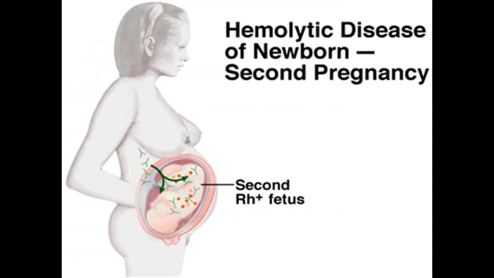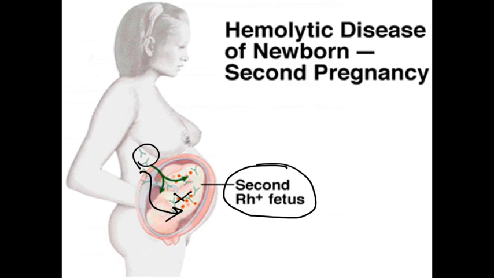So if the second baby was Rh negative, the third baby was Rh negative, the fourth baby was Rh negative, nothing would be wrong. But the next time that an Rh positive fetus comes along, her antibodies have the ability of crossing the placenta and coming in and attacking the baby. So that can be a fatal condition for the baby if not understood and caught.